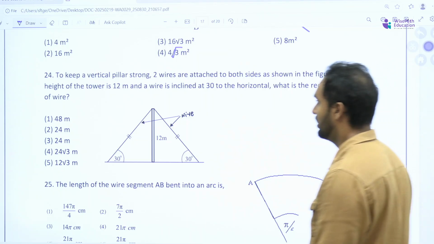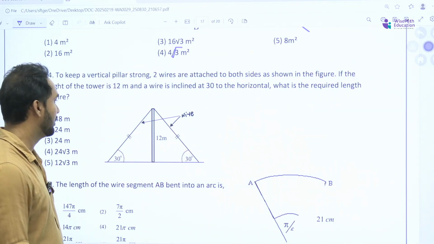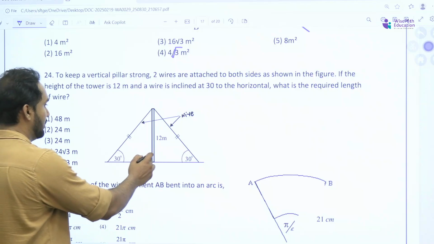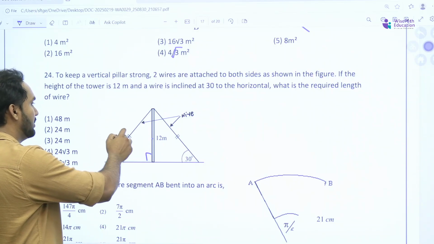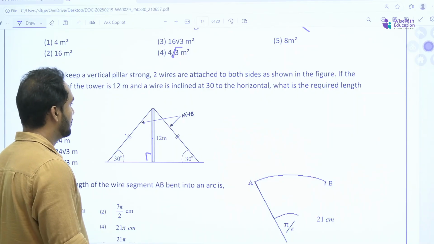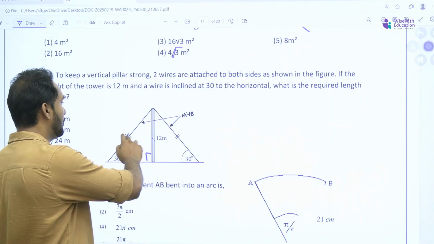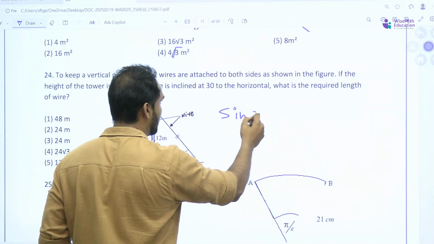Now they are asking for the length of the wire, right? So you can just simply put a trigonometric ratio. Now, this should be 90 degrees. This is the opposite, and this should be the hypotenuse, isn't it? So it should be opposite over hypotenuse. That is sine, so you should put sine 30.